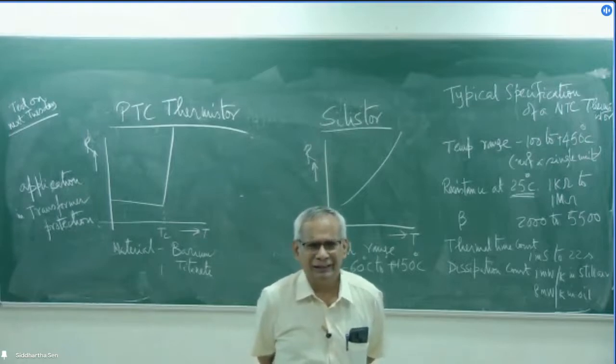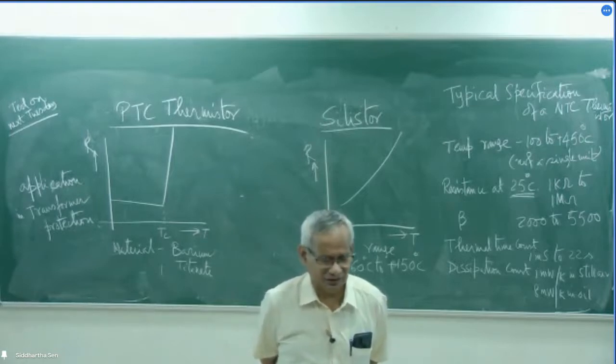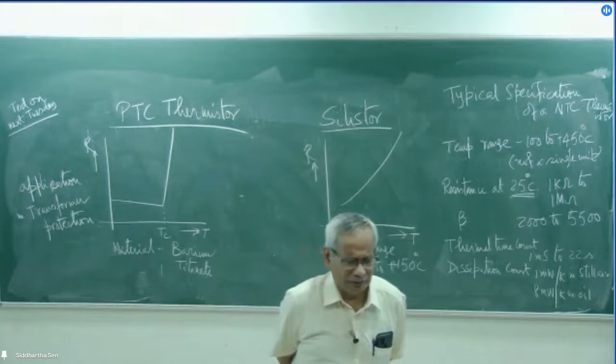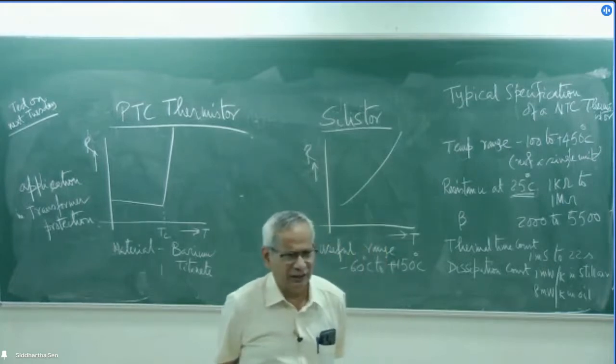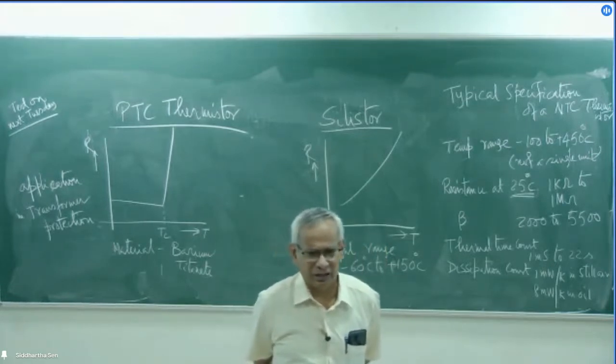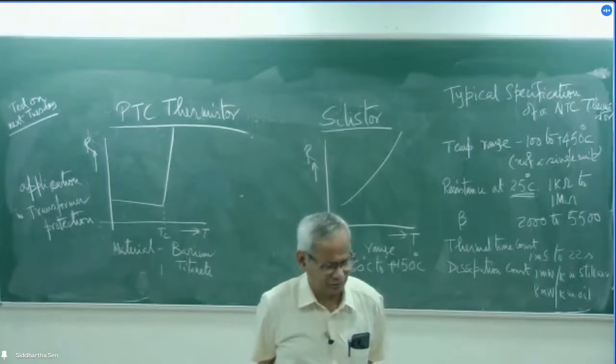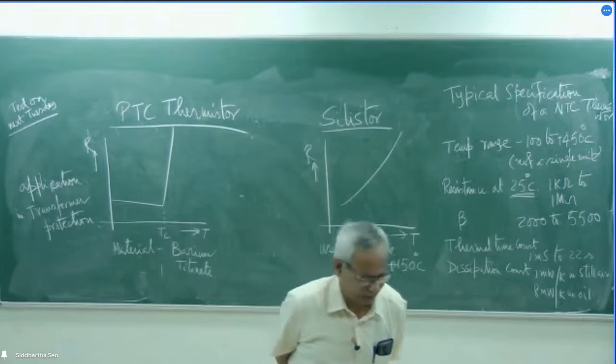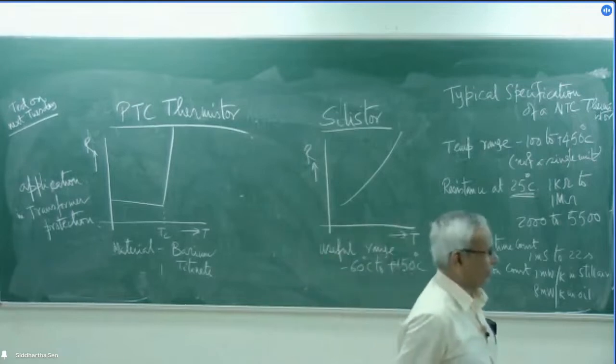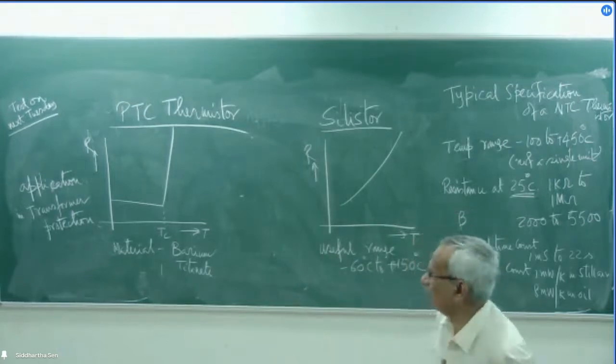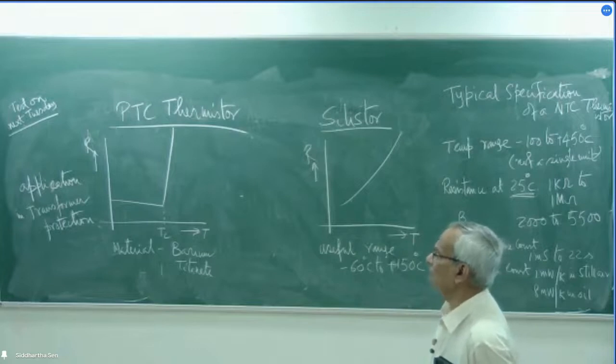So naturally, handling this characteristic will give you error in measurements. So how to make it more linear, etc. There are linearization schemes for thermistor characteristics. We will try to see some of the schemes there. So I complete here. If you have any questions, you may ask me.